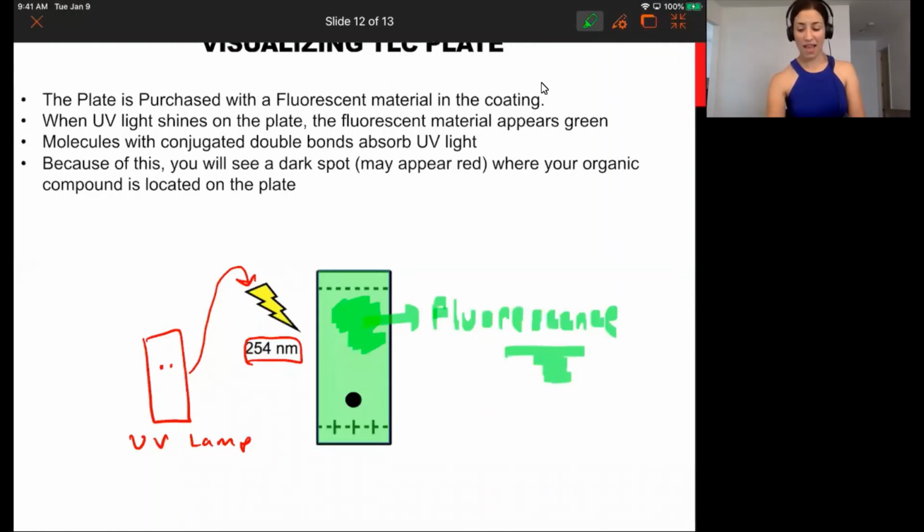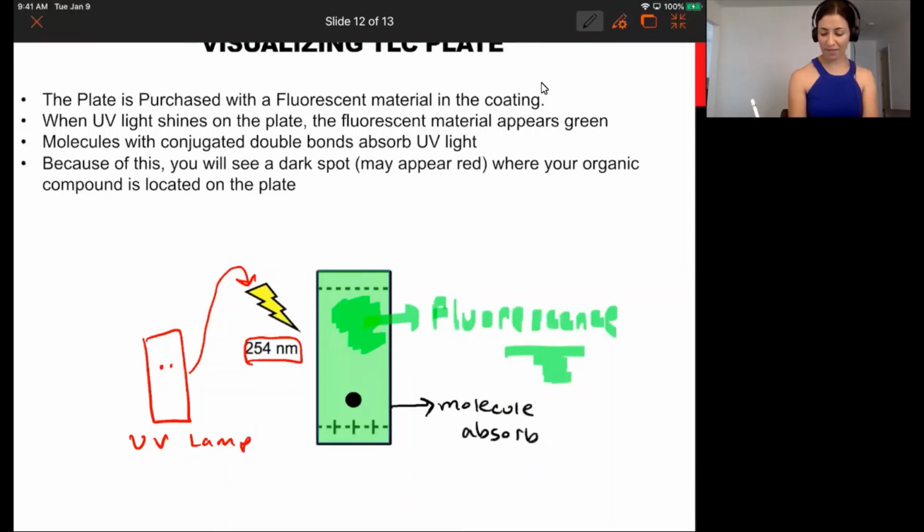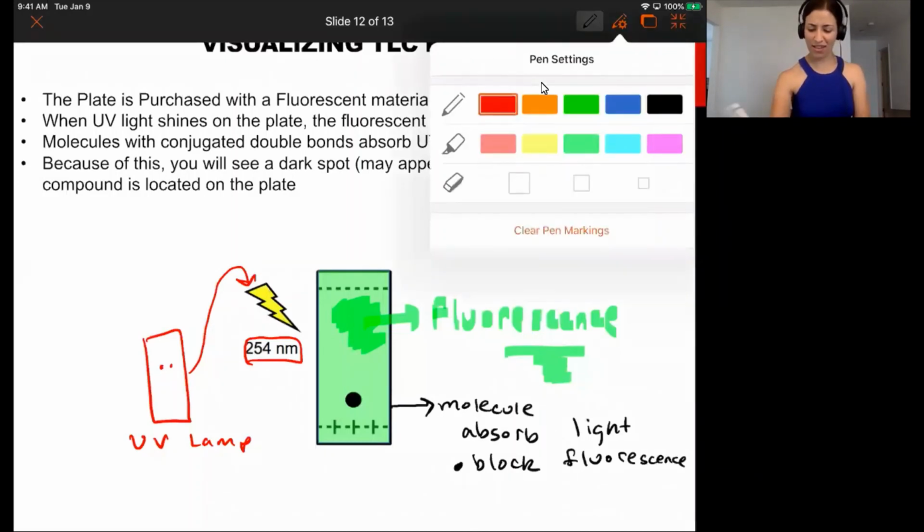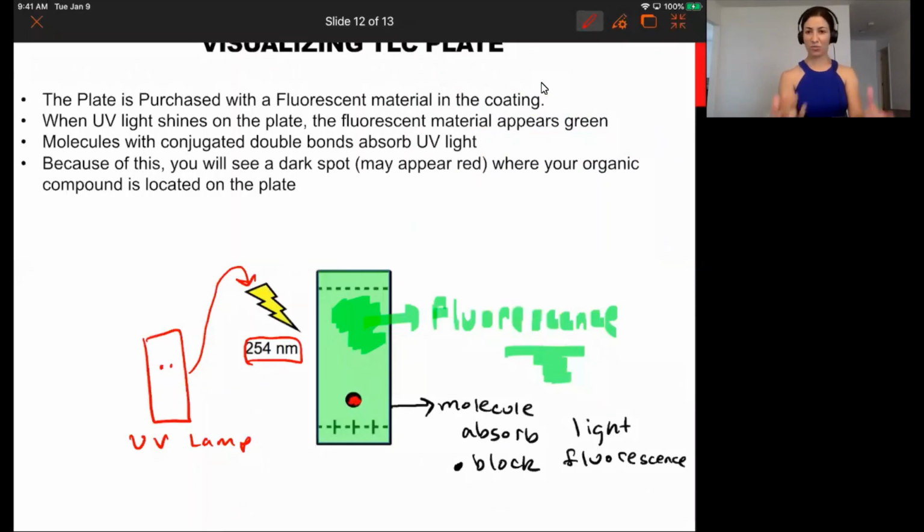However, anywhere that our organic molecule is, the molecule itself will instead absorb the light and block the fluorescent coating from showing green. So we'll see what kind of looks like a blackish red spot where the light is absorbed. And that's how we know we have our UV absorbing organic molecule.